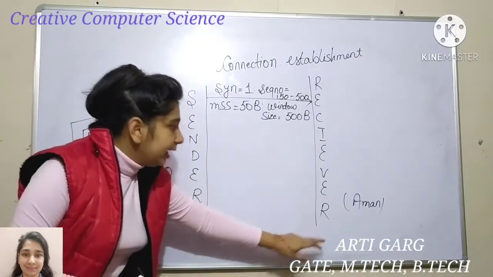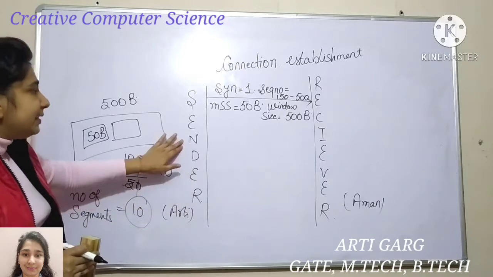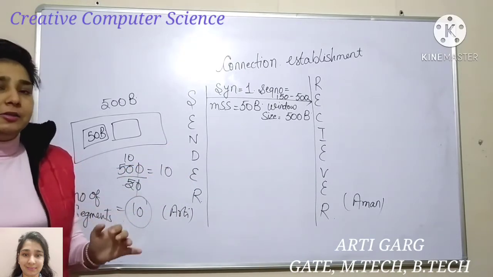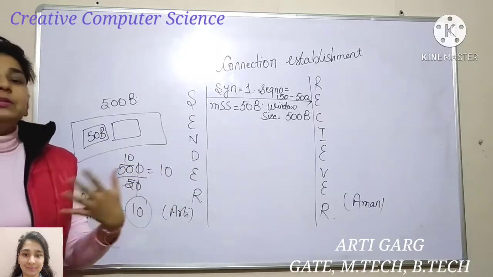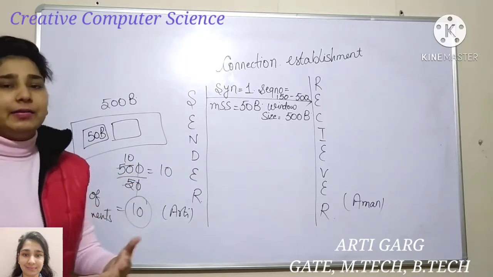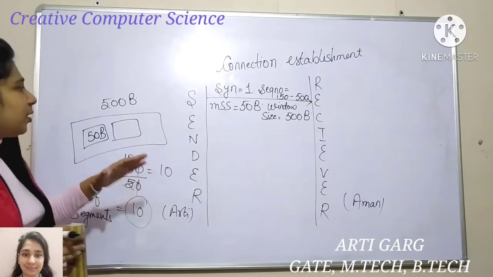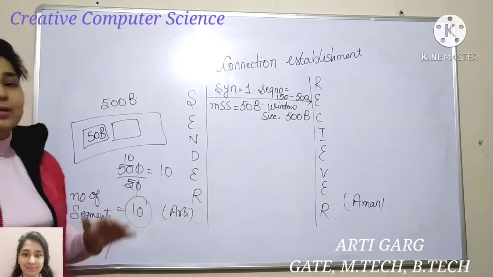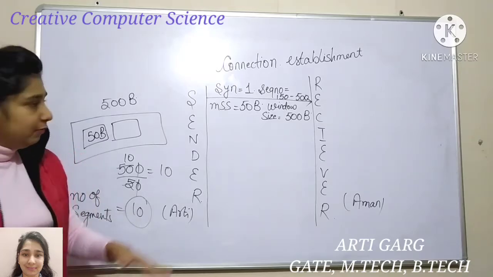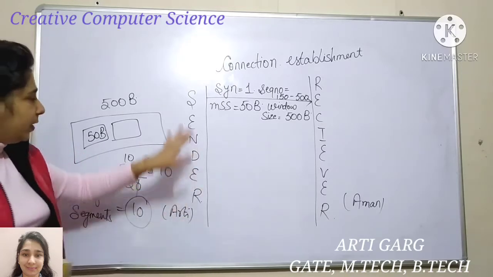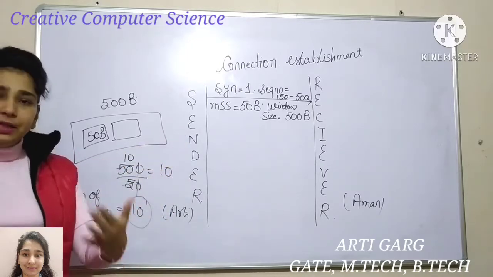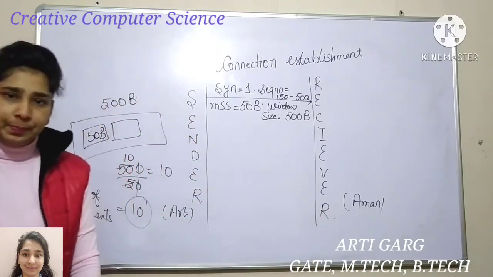If the receiver sends more than 10 segments to the sender at one particular point of time, then all those segments have to be discarded. The maximum capacity of the sender is to get 10 segments at a time. This device capability information the sender is giving to the receiver.